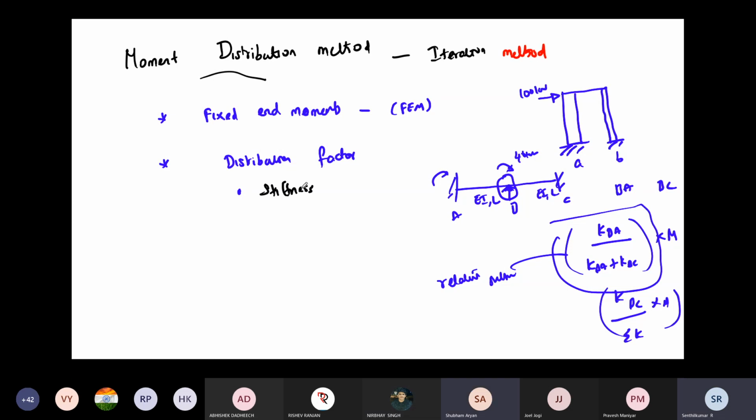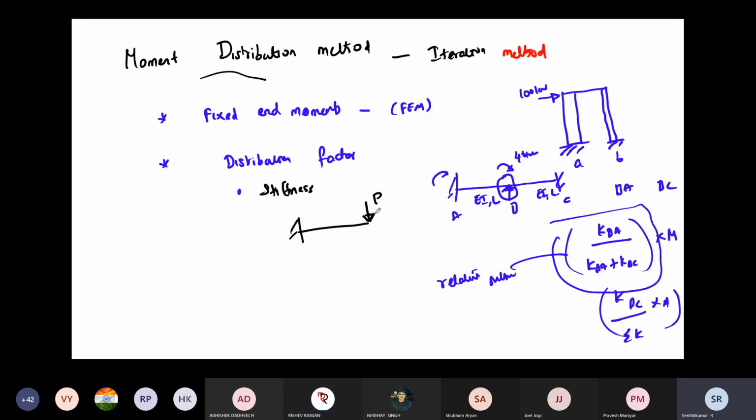Force per unit length, somewhat correct, 50%. Any other thing? Flexural rigidity, EI, right?